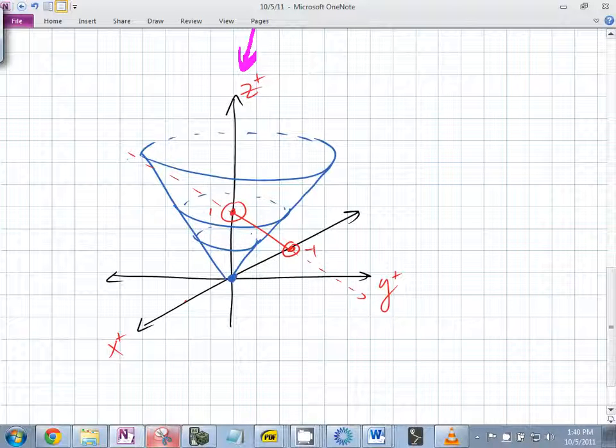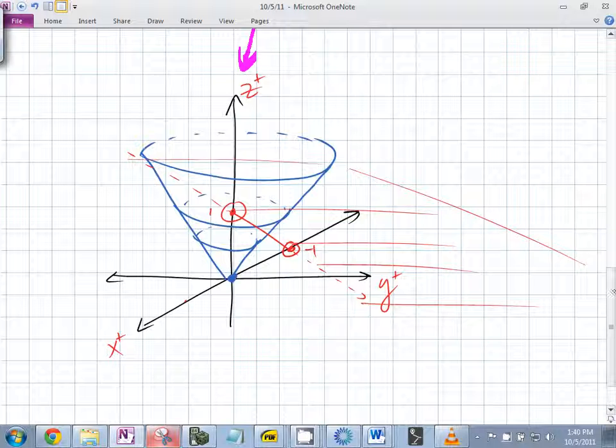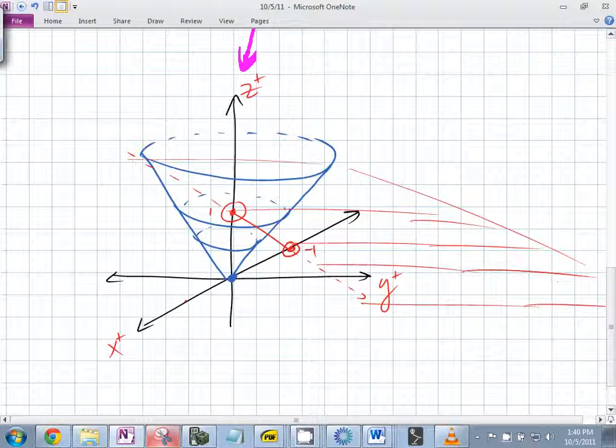But then what does that line become? A surface, a plane. It goes out to the side, like this. What does that plane do? It intersects the cone, so you have a cone that's getting cut. Is this cone filled in?